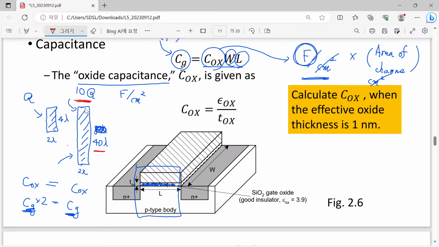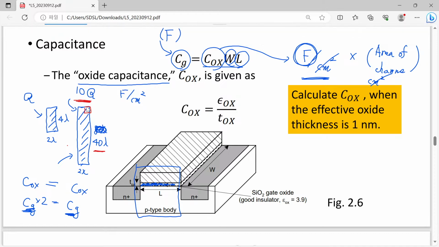So if we take a unit area from here and a unit area from here, per area the capability to collect electrons is the same. Although you can easily change your gate capacitance, per area the capability is only determined by this Cox.